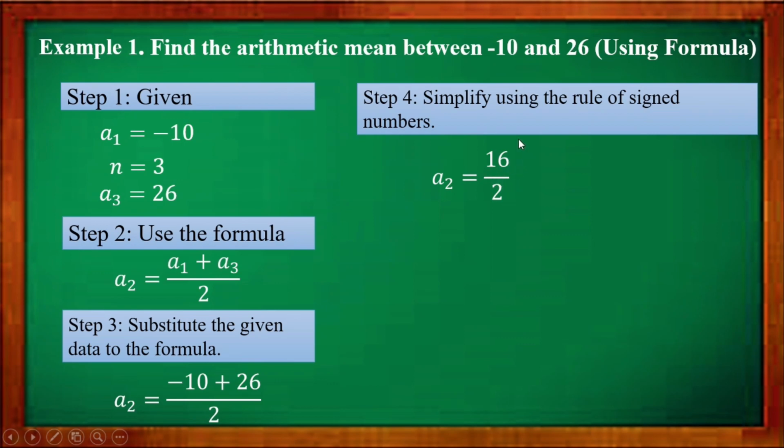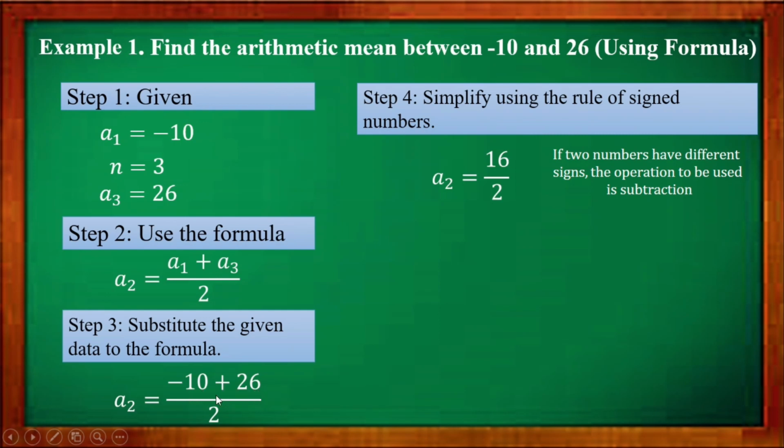So why do you think we come up with 16? The reason is because if two numbers have different signs, the operation to be used is subtraction. This is based on the rule of sign numbers. So if two numbers have different signs, the operation to be used is subtraction.